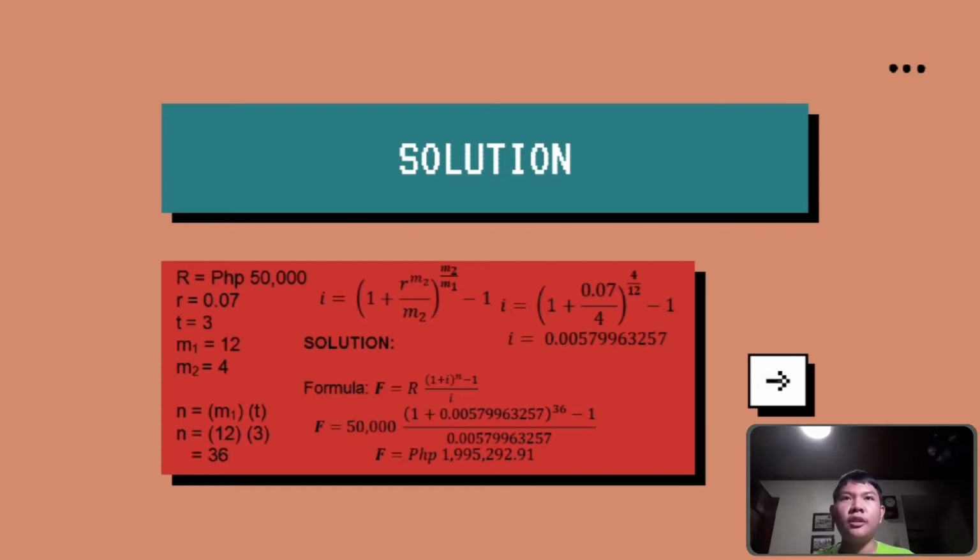By substituting the values to the formula, we will get F is equal to 50,000 times open parenthesis 1 plus the shown value of j close parenthesis to the power of 36 minus 1 all over the shown value of j. So using our scientific calculator, we can get a total of 1,995,292 pesos and 91 centavos.